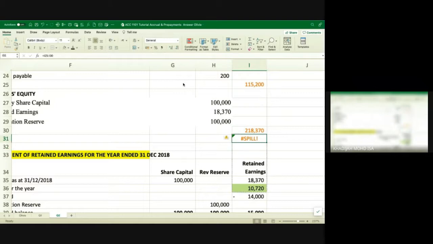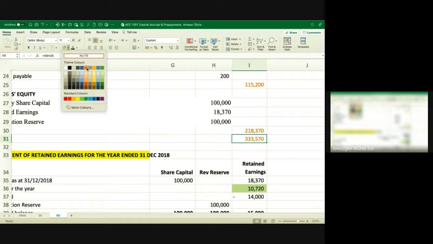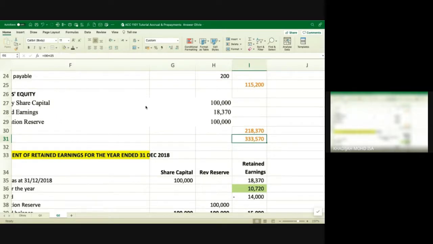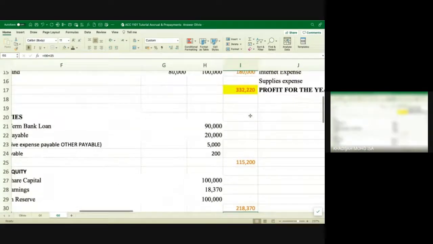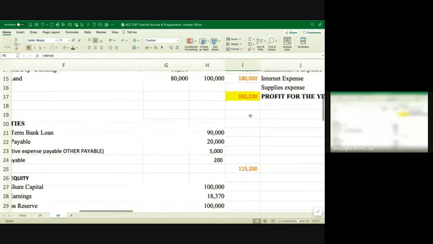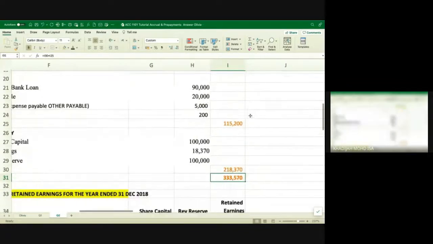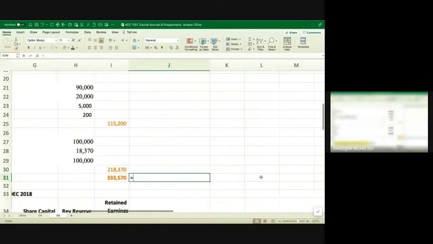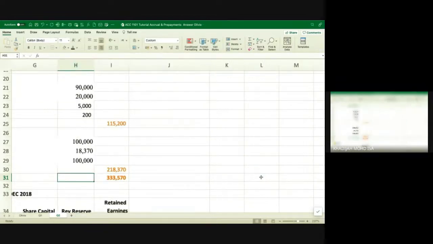Would I get the same amount? Oh, what is that? $333,570. Is that my asset? Not the same.